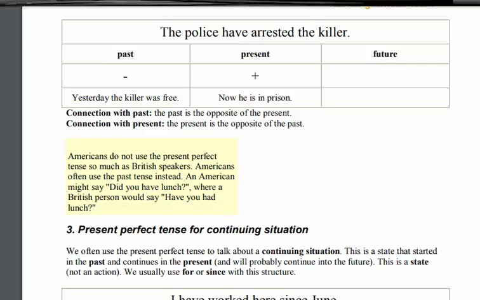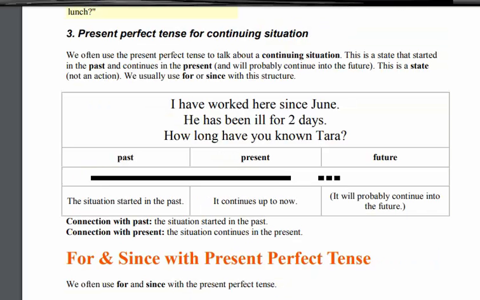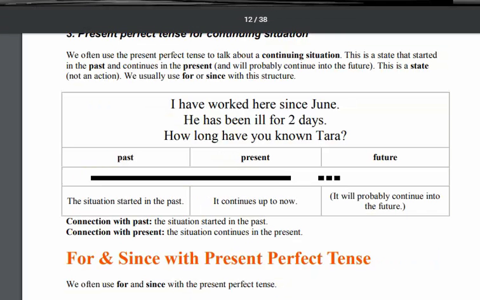Students, the third situation is the present perfect tense for continuing situations, and how it is used. We often use the present perfect tense to talk about a continuing situation. There is a state that started in the past and continues in the present, or will probably continue in the future too.